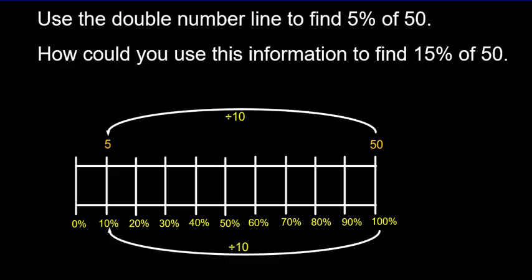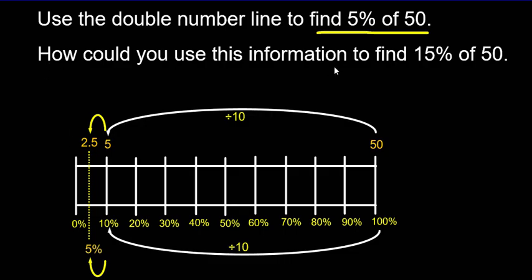Now our goal, again, is to understand how to find 5%. Since half of 10% is 5%, we can take half of 5 and divide those both by 2 to get 5% equals 2 5/10, or 2.5.